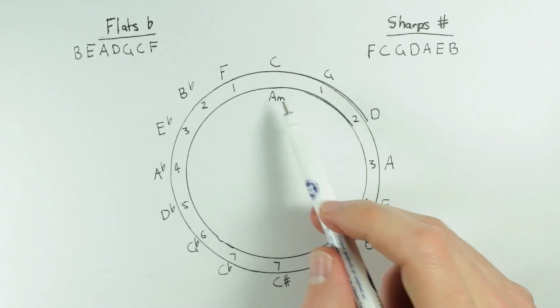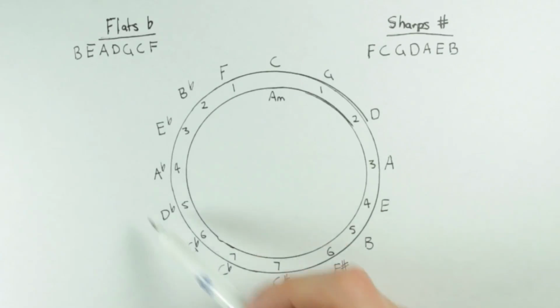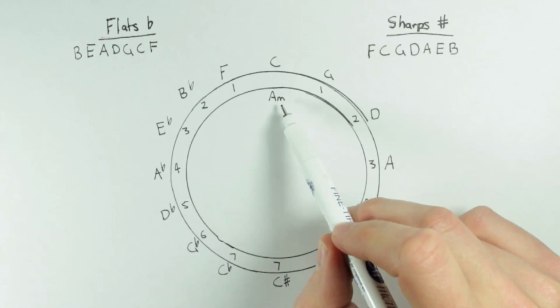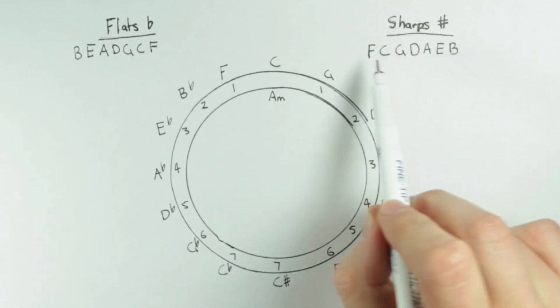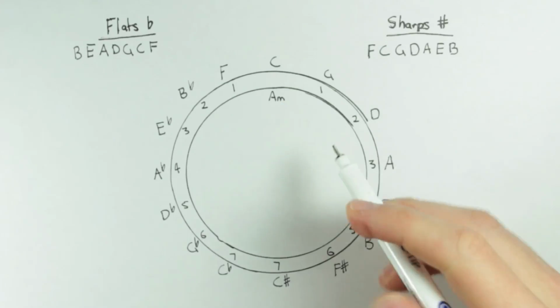So we start on the A. Now using the same method to construct the major, by going in the order, we'll start with the A and then go around.